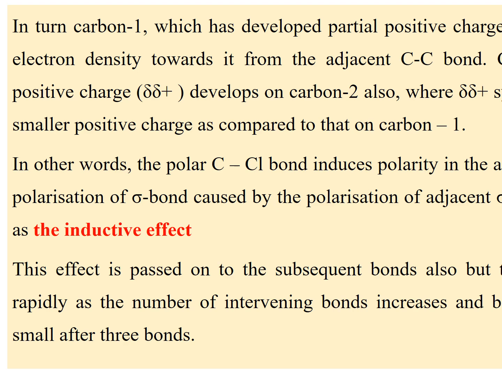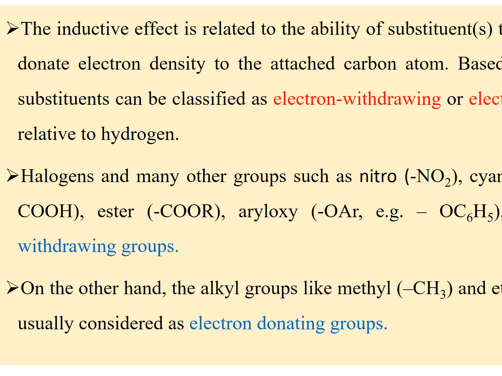The inductive effect is passed on to the subsequent bonds also, but the effect decreases rapidly as the number of intervening bonds or the distance increases, and becomes vanishingly small after 3 bonds. The inductive effect is related to the ability of a substituent to either withdraw or donate electron density to the attached carbon atom.